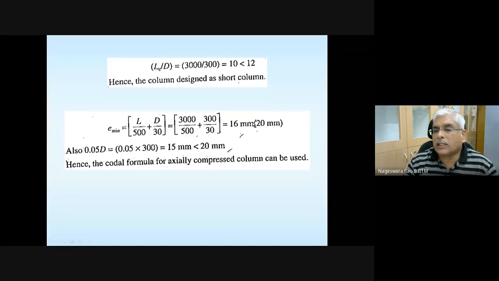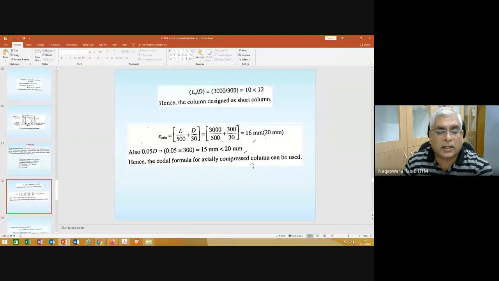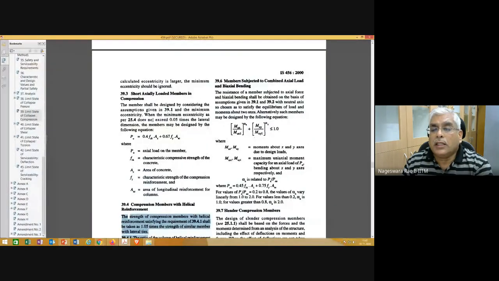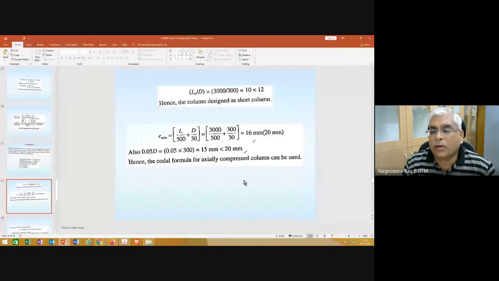The minimum eccentricity we need to provide is 20 mm, but as per the code, it should not exceed 0.05 times the lateral dimension. It is exceeding, but I think the workout did not consider that.